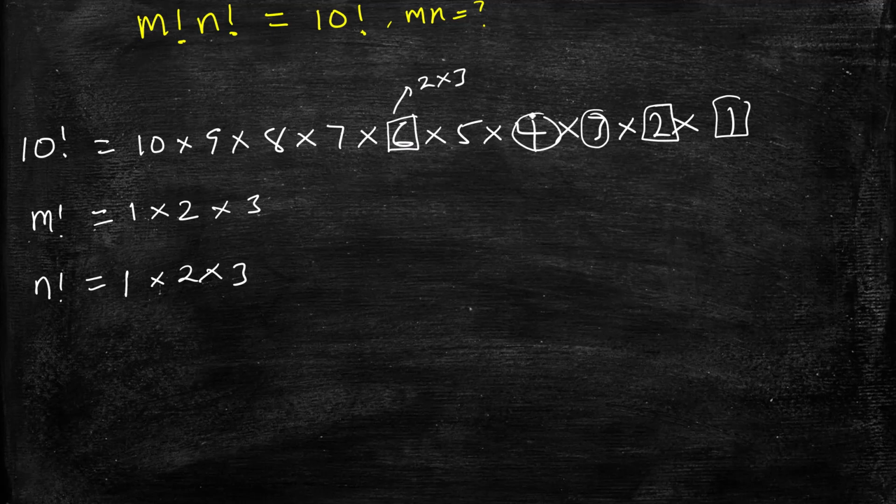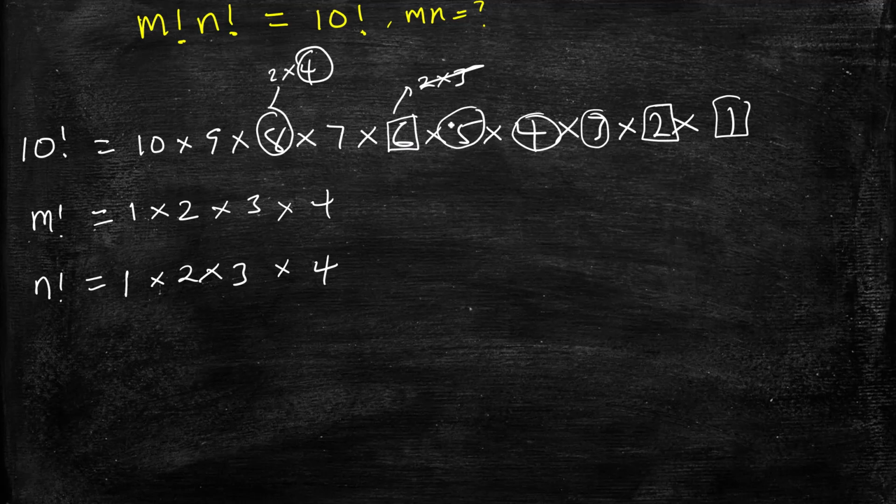So let's give 4 to this. And 8 is the same as 2 times 4. Therefore, we can also give the 4 to this. So this one is gone, and this one too is gone.